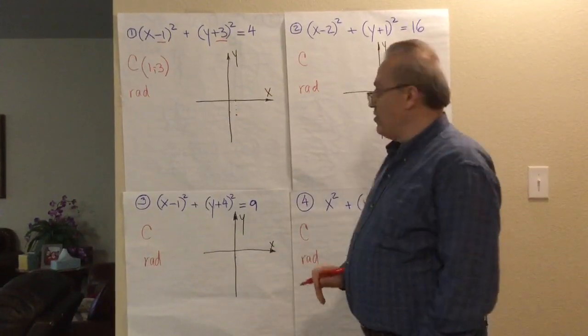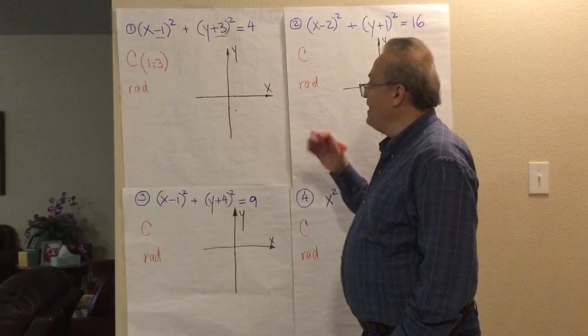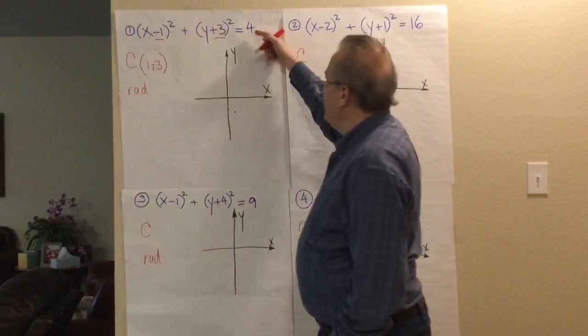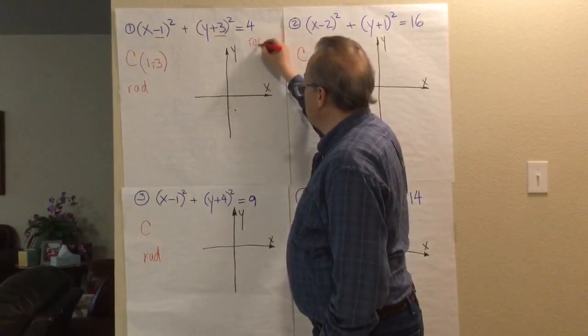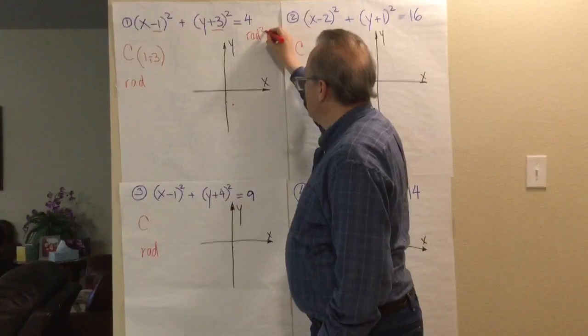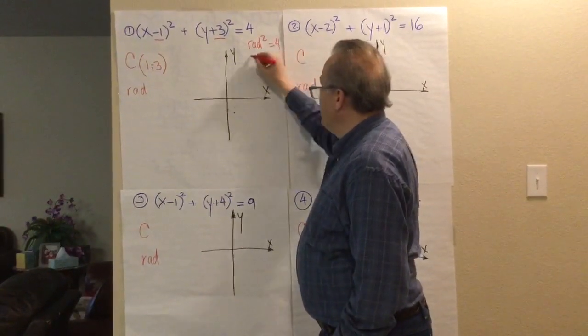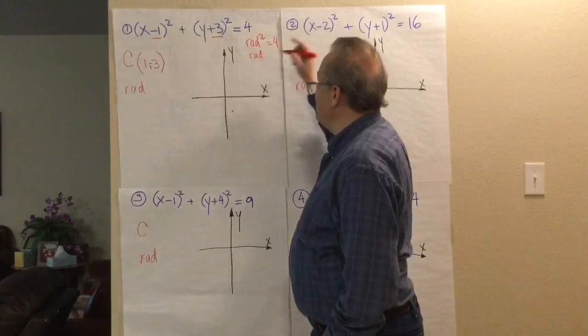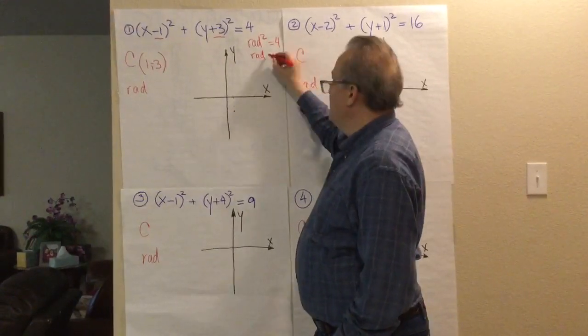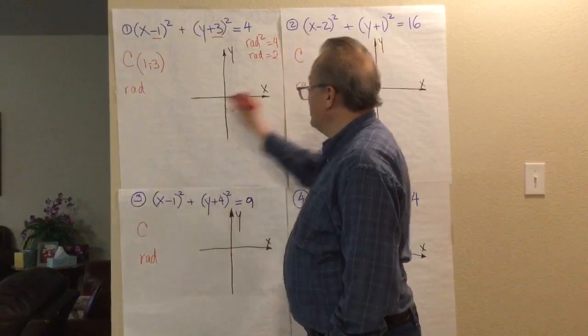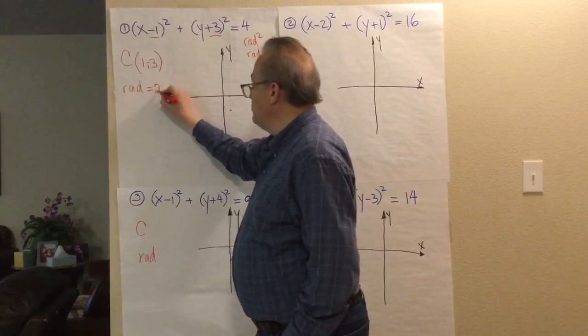And I'm going to draw a circle. How big is the circle? Well, here is my radius to the second power. If the radius squared is 4, then my radius itself is the square root of 4, that would be 2. So my radius is 2.